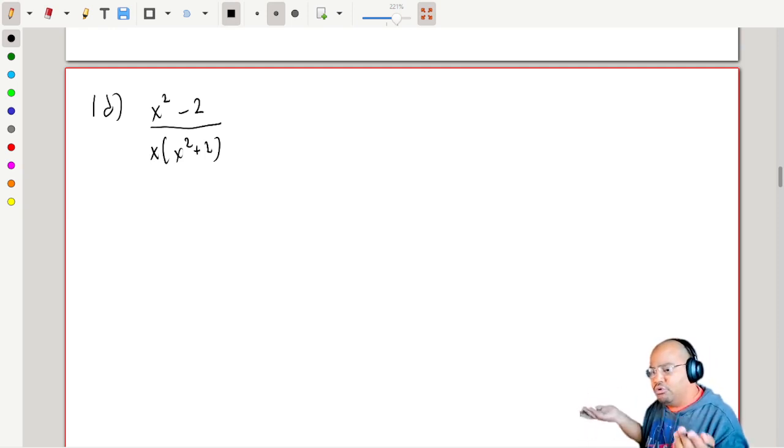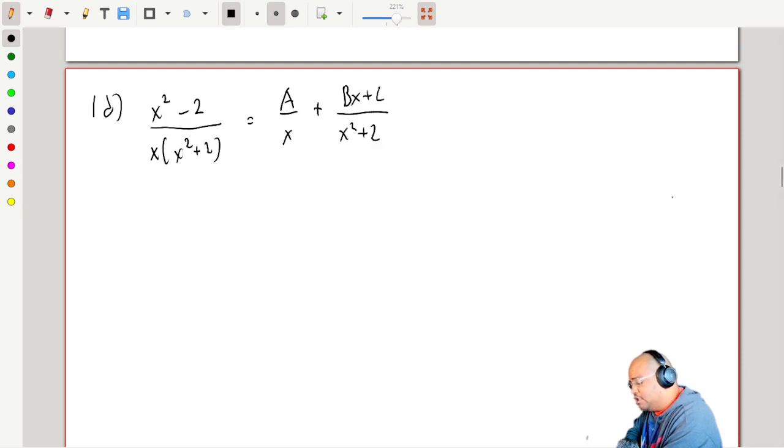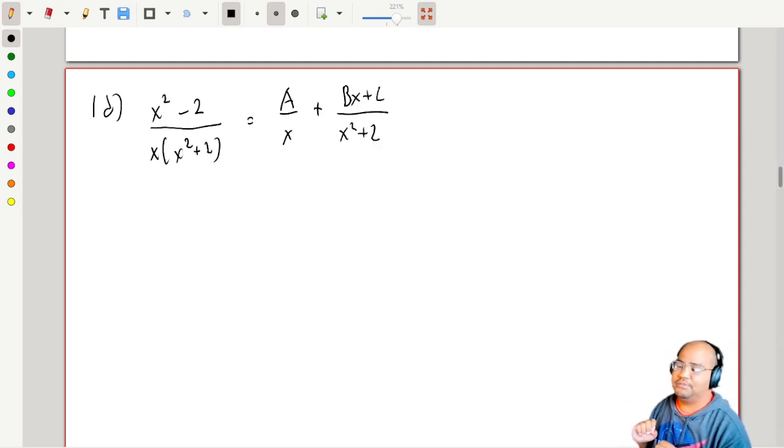And so at worst, you just have to have a numerator that is linear. So we saw that our recipe for this one was a over x plus b x plus c over x squared plus 2. Okay, that was our recipe. Again, remember, because of the irreducible quadratic x squared plus 2, at worst, the numerator for that one is going to be linear.